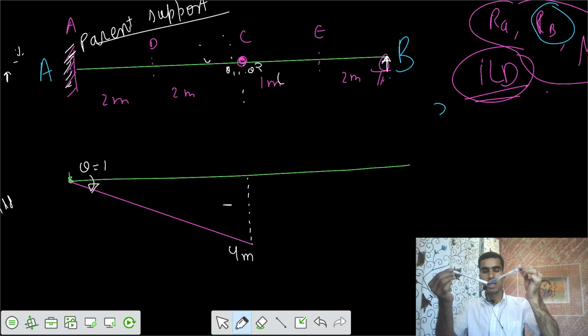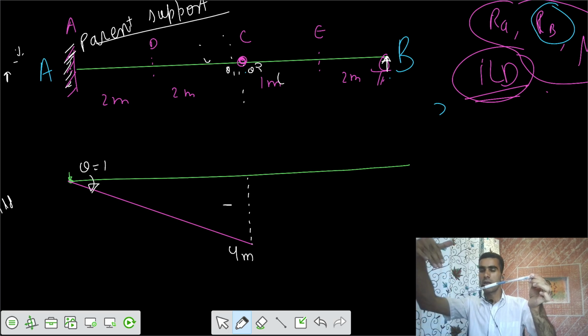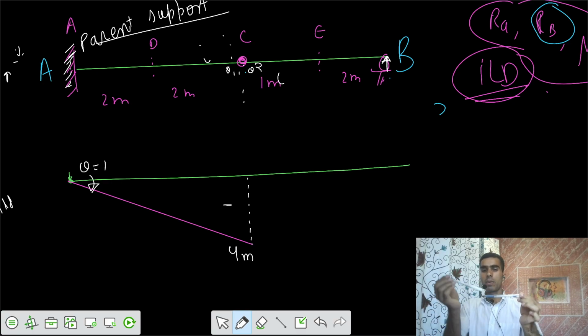The profile would be developed in this fashion. If there is some theta developed, it would have been in this fashion if there was no support at B, but we have to ensure that support B remains at the original location. So support B remains at the original location, and the thetas can develop independent of each other.